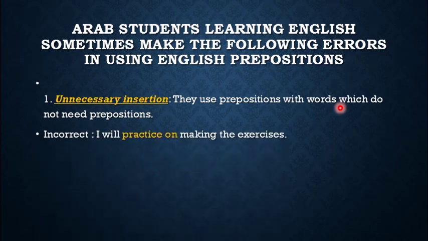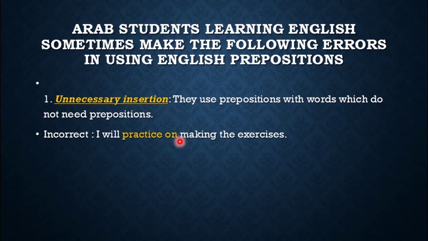So an example: "I will practice on making the exercises." Here this is incorrect. I shouldn't use "on" here. What the speaker did is that he inserted "on", because in Arabic we say أنا أتدرب على.